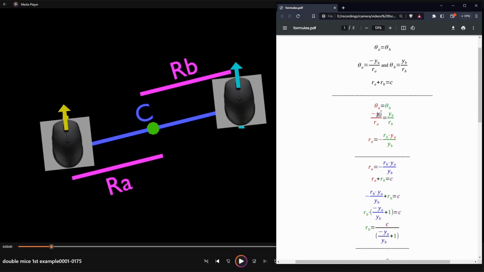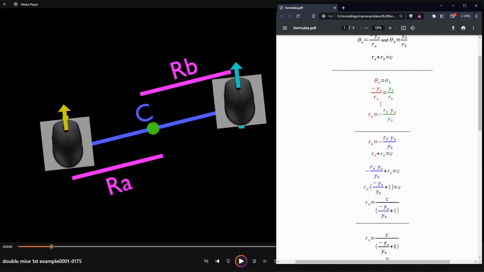We can swap that in directly for theta A. And then the same thing with theta B, we could just directly substitute the equivalent of theta B. And then we can massage this a little bit. We can invert the entire thing, get RA on top, and then divide by YA, so YA would be on top on this side, and we would get this equation.